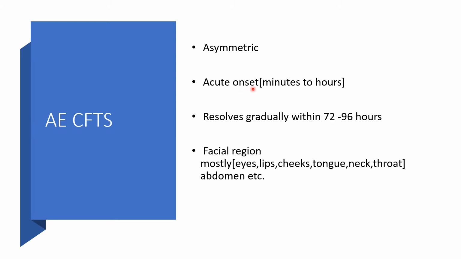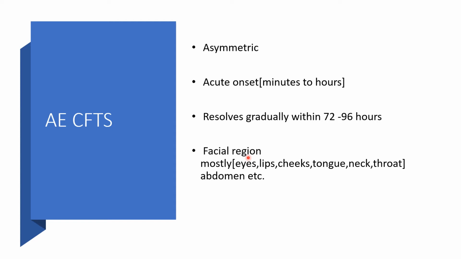It will be acute in onset. It's going to be from minutes to hours, unlike in renal failure or heart failure or hypoproteinemia. It will resolve gradually within 72 to 96 hours. So many textbooks will put it as 2 to 3 days, some will say 3 to 4 days.